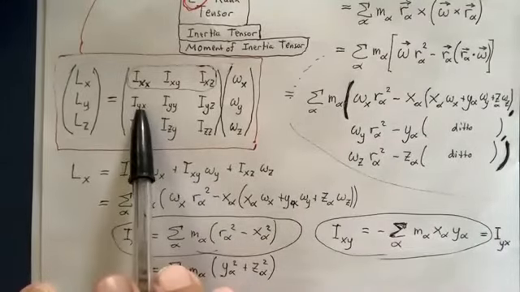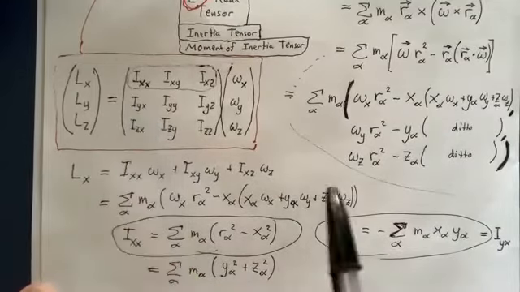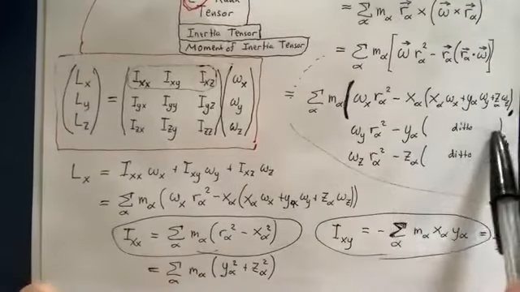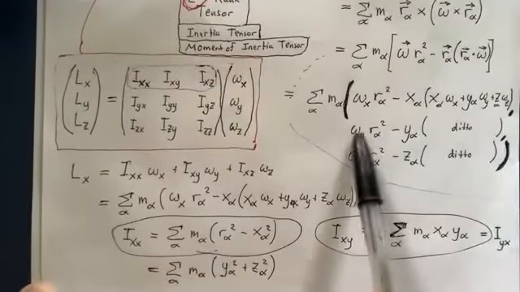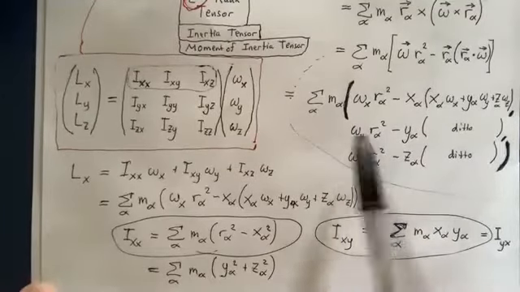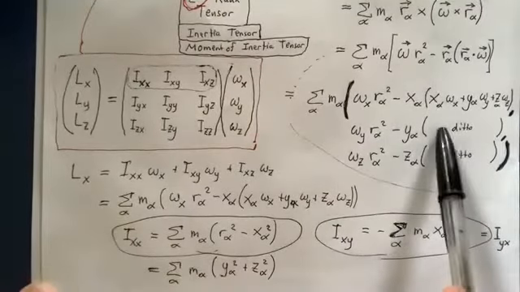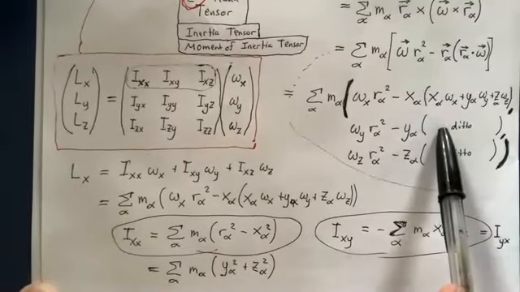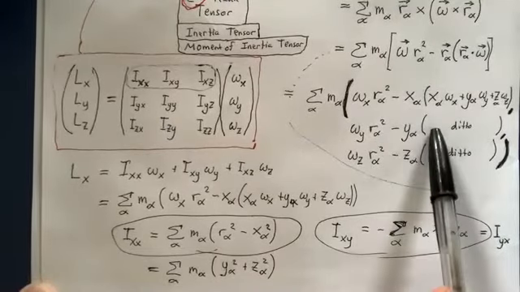Okay, let's now investigate the symmetry. This coefficient here, the Iyx coefficient, means you look at the y component of the angular momentum, and that was our second of these three major results. And now you look for any occurrence of omega x, because we're interested in the Iyx. Well, the omega x occurs right here, and again you see the multiplicative factor, in this case the minus y times x.